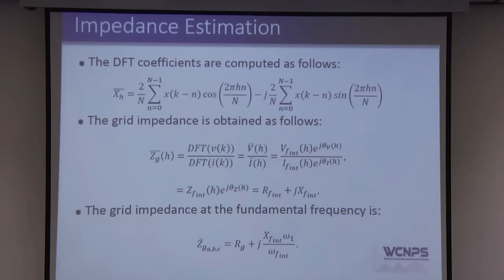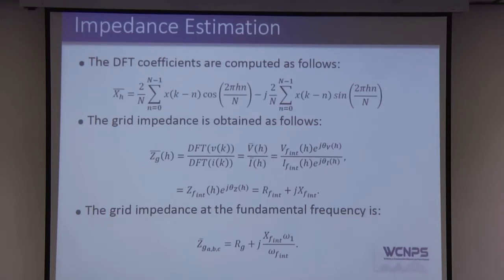And using this formulation, the vector for the voltage is obtained, and also for the current. And the impedance is calculated by dividing the voltage by the current.